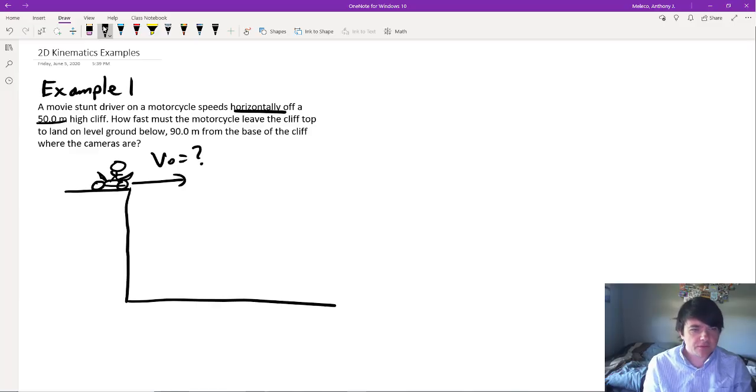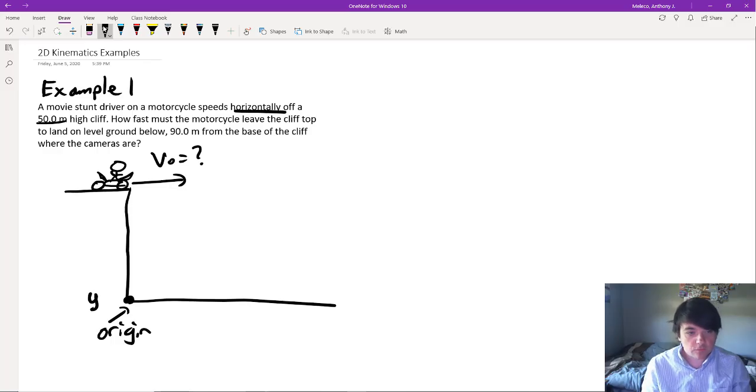A 50-meter high cliff. So that means we need to set up our coordinate system. For our coordinate system I'm going to say the origin's down here, and I'm going to put it right here. You could certainly set the origin up here.